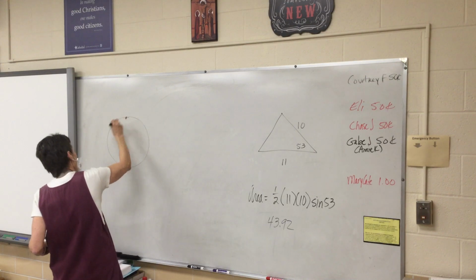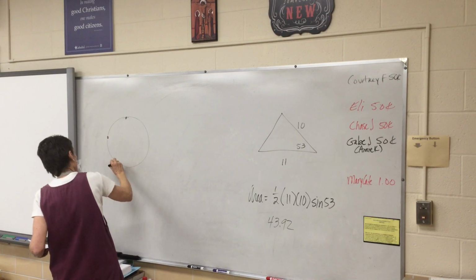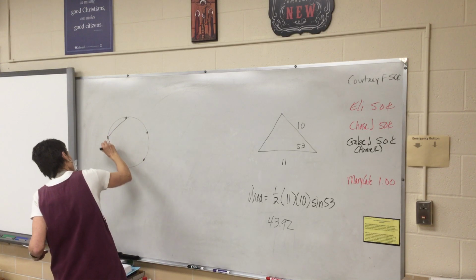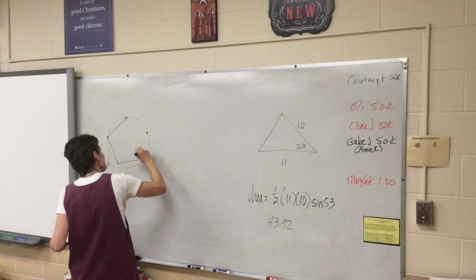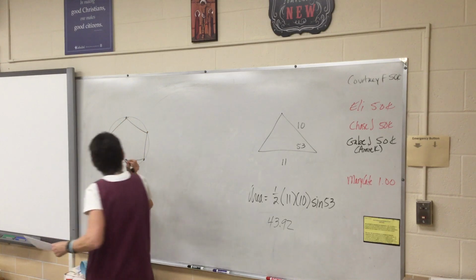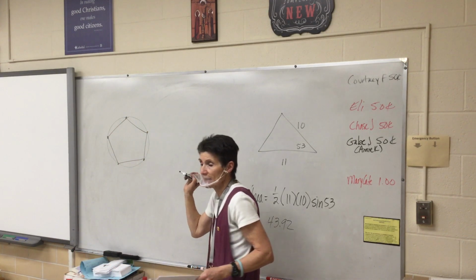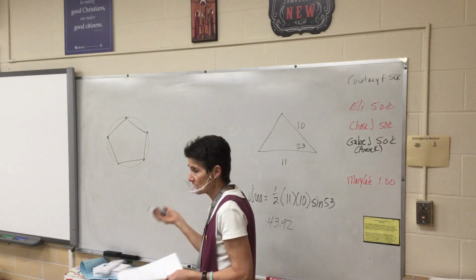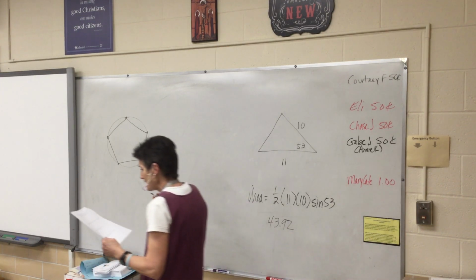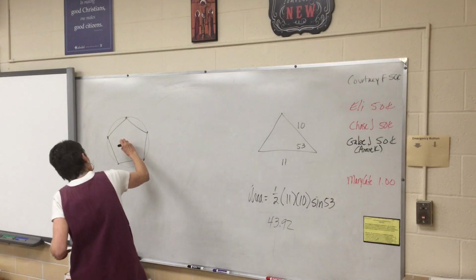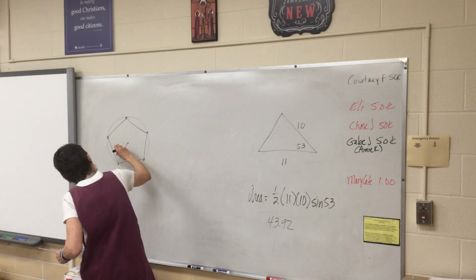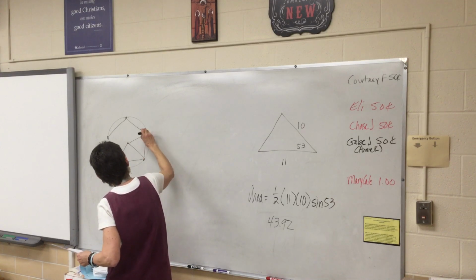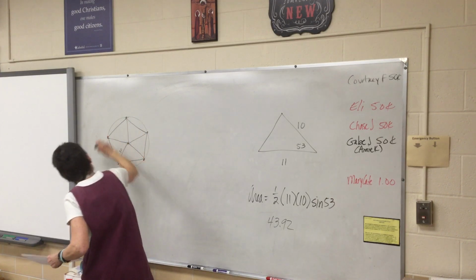So I'm going to put 5 dots around my circle as evenly spaced as I can, but I'm not going to waste a bunch of time on this because nobody's grading my picture. Nobody cares what the picture looks like. We just have a picture so we can visualize what's going on. The radius is 10, so from the center to all of your dots is 10.